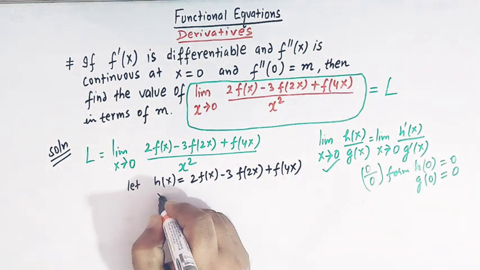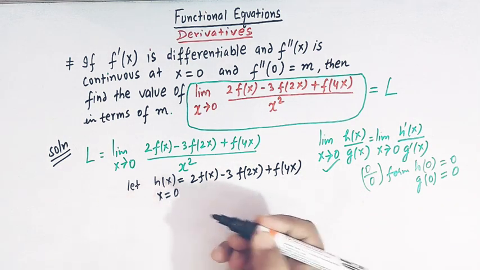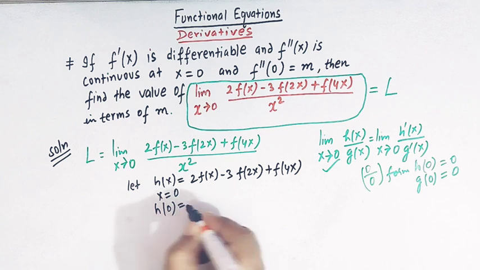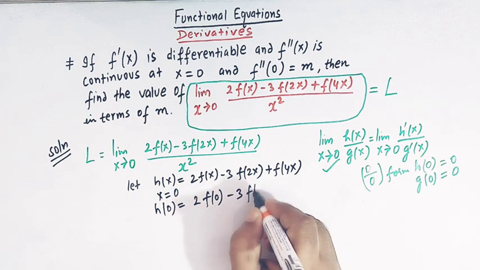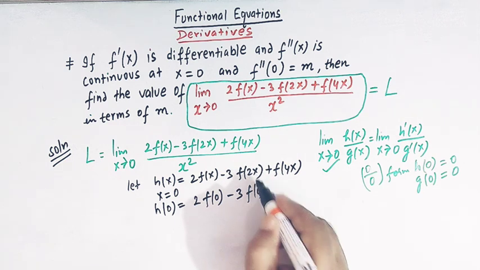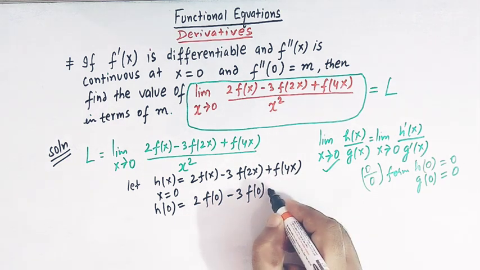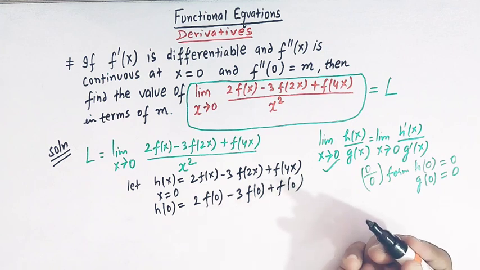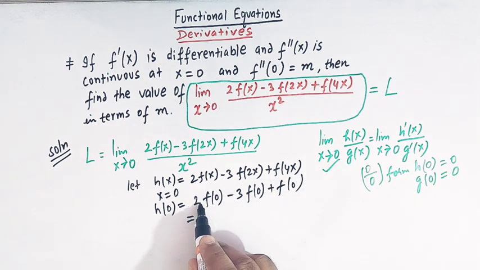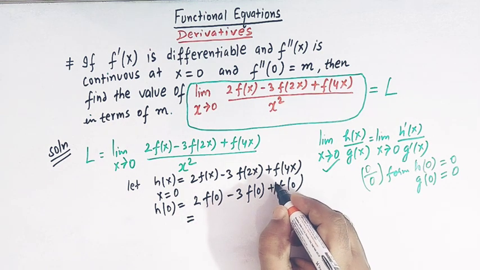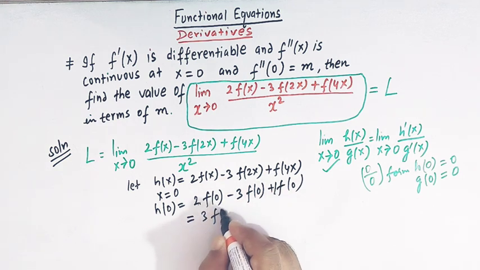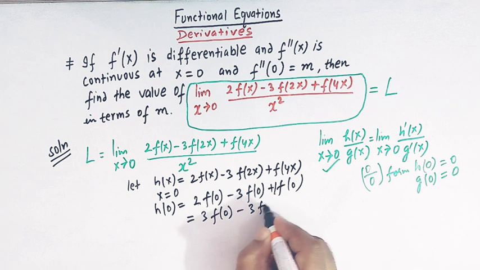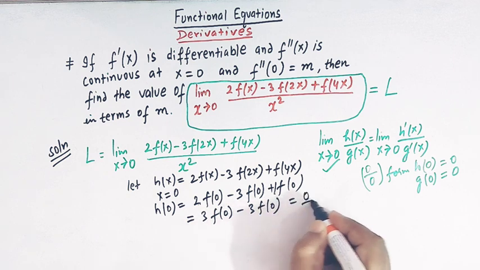If we take x equal to 0, then h of 0 becomes 2 f of 0 minus 3 f of 0 plus f of 0, because 2 times 0 is 0 and 4 times 0 is 0. So 2 plus 1 is 3, and we have 3 f of 0 minus 3 f of 0, which is equal to 0.